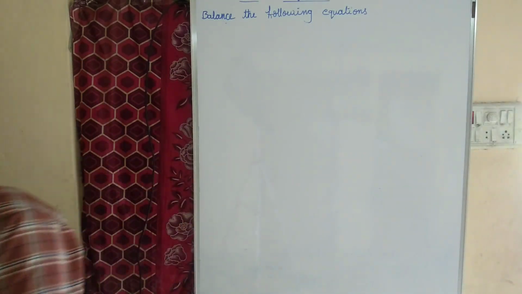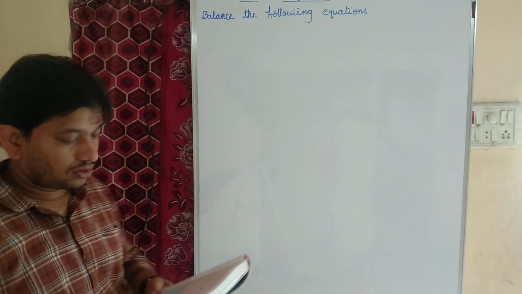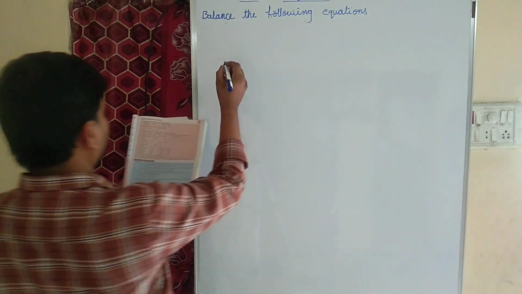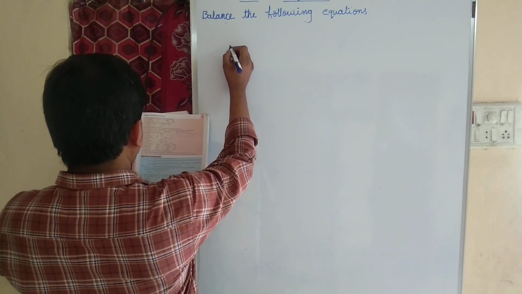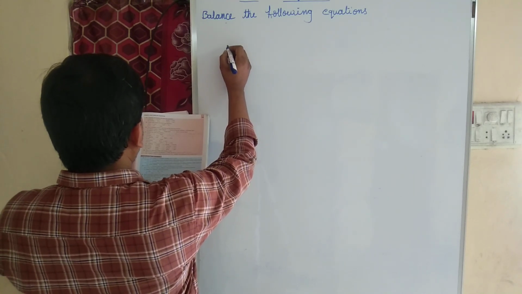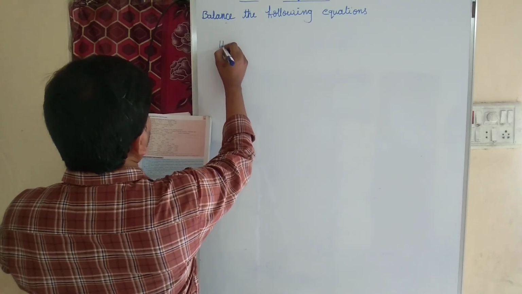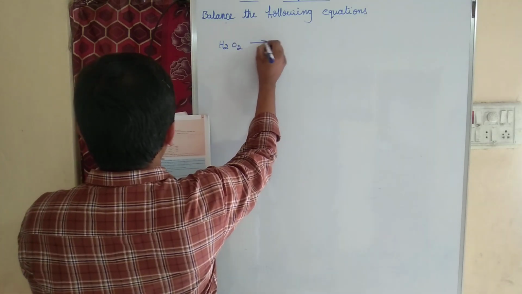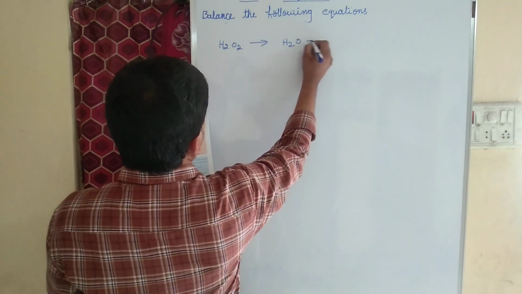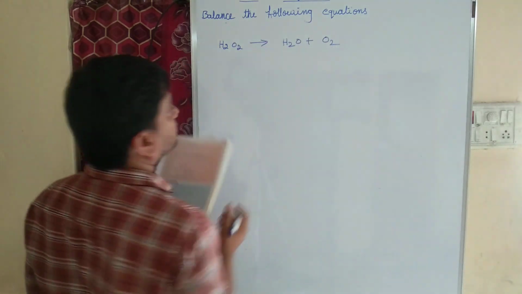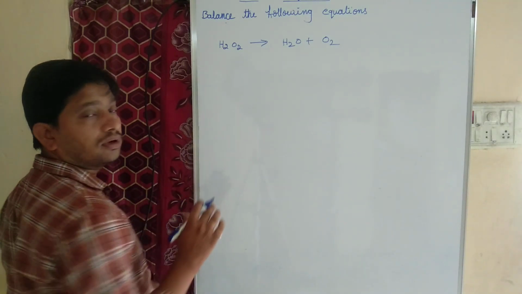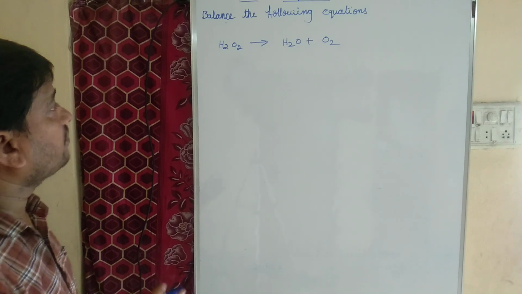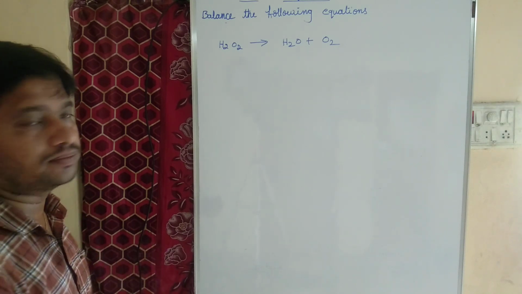By doing a number of examples, so for example, H2O2 gives rise to H2O plus O2. So children, there is a great difference between H2O2 and H2O.